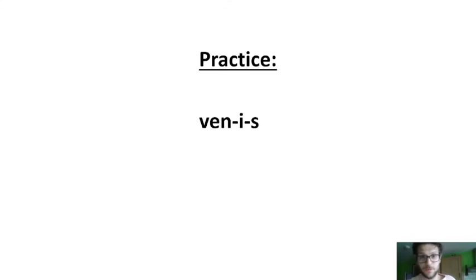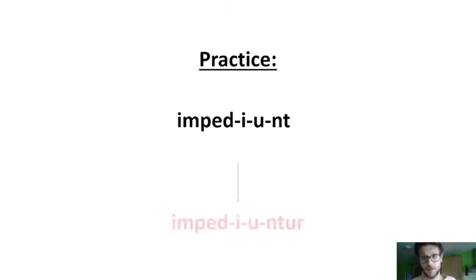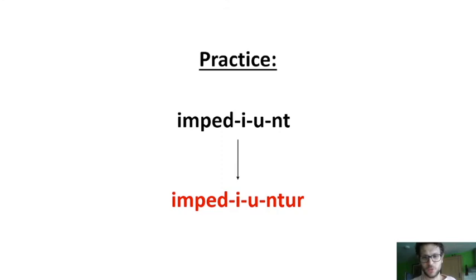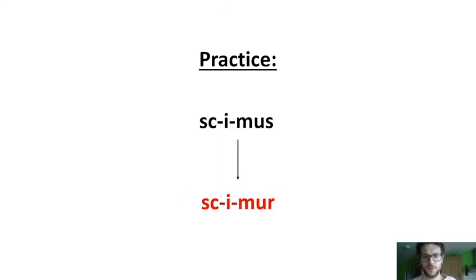Munior, venis, veniris. Note that's an I rather than an E. So in the fourth conjugation, it does not change to an E. Dormit becomes dormitur. Scimus becomes scimur. Aperitis becomes aperimini. And then finally impediunt, which means they impede, hinder, becomes impediuntur.